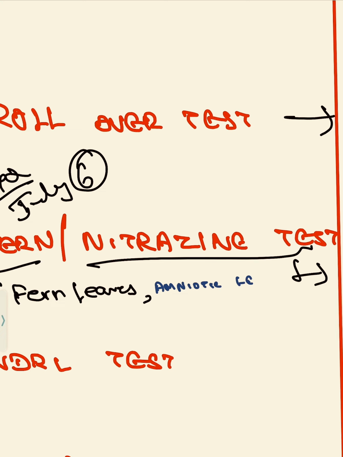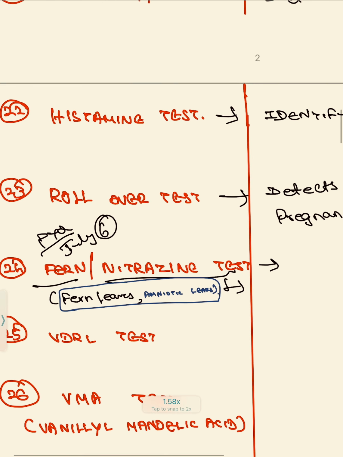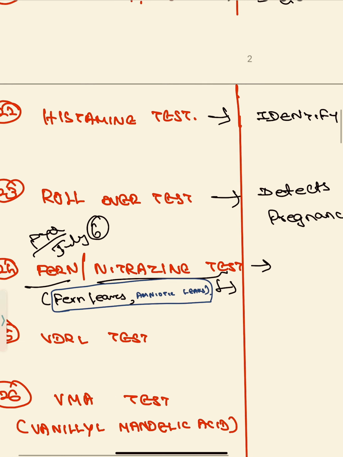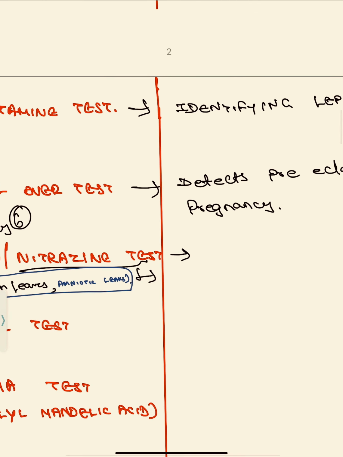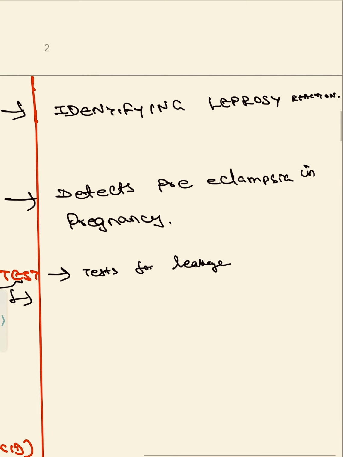That's the mnemonic. Fern is for detecting the test for leakage of amniotic fluid.